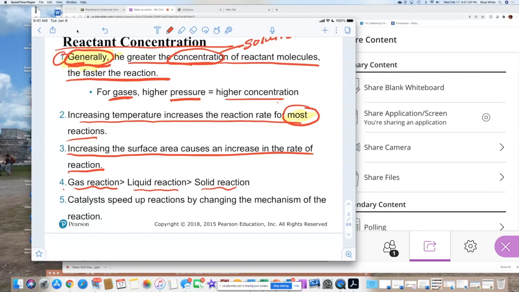And we'll see down the road looking at collision theory, because gas molecules are very energetic, they will act like they have a higher temperature. They're able to move around more and meet with the reacting molecule to make the reaction go faster, versus solid molecules are sedentary. They are bound in place due to strong intermolecular forces. So it's going to be a while before they get up and move around and find their partner to react with, right?